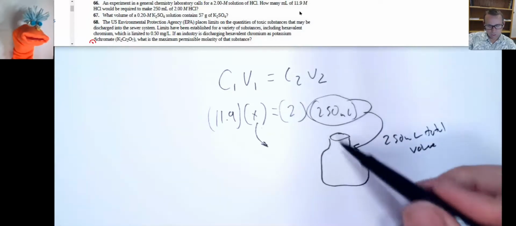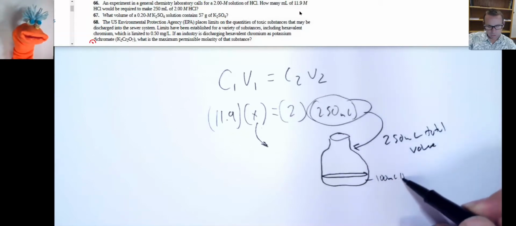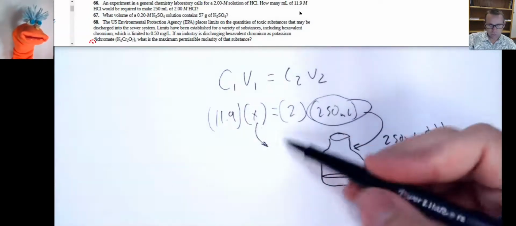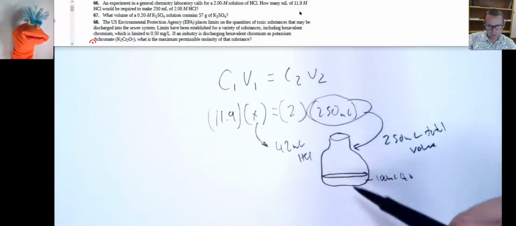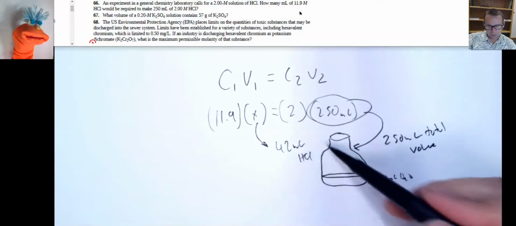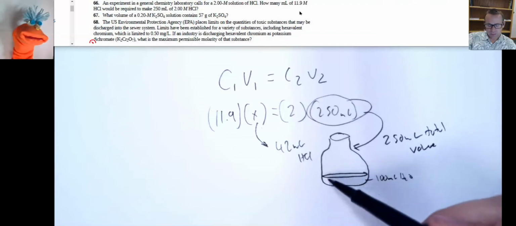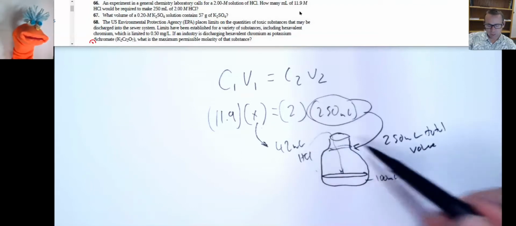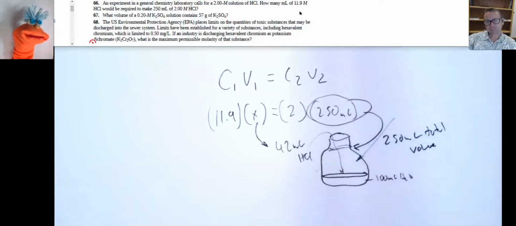What I would do is add about 100 milliliters of water, and then add my 42 milliliters of the HCl a little bit at a time and swirl it, slowly, because when you mix HCl and water, it's an exothermic process that releases heat. And after that's done, I've added my acid to the water. I would fill up again to 250 milliliters with as much water as necessary. Okay?